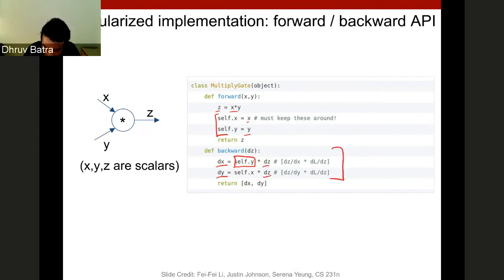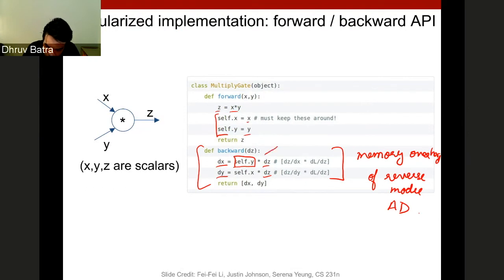And this is another way of reminding you that this is the memory overhead of reverse mode automatic differentiation. Reverse mode automatic differentiation requires knowing what the inputs to any particular layer were.